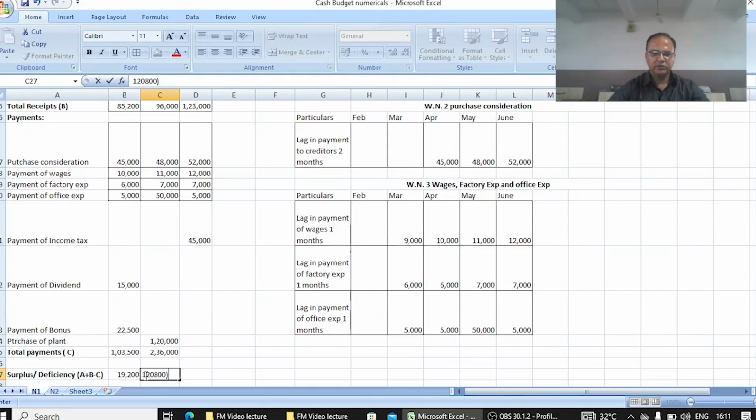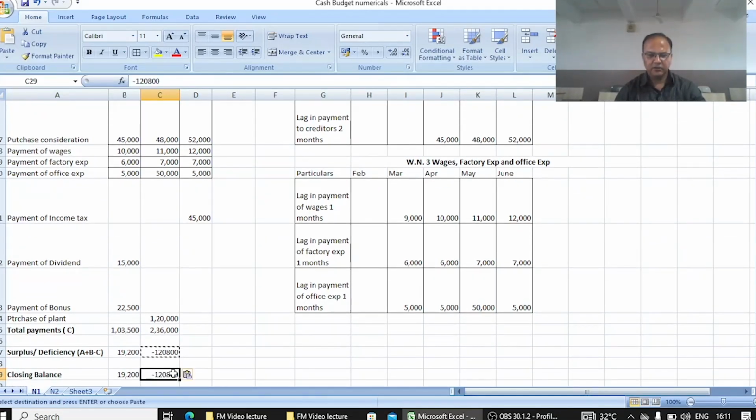This is minus figure. Same figure we will write as a closing balance.